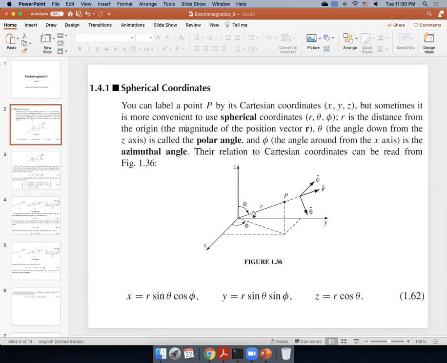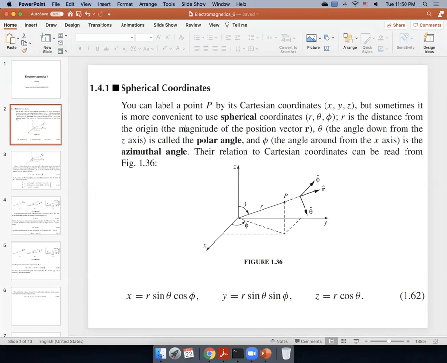And then theta is the angle between the vector r and the z-axis. The projection of this r on the xy plane will be the dashed line shown here, and this dashed line forms an angle with the x-axis. This is the angle phi.